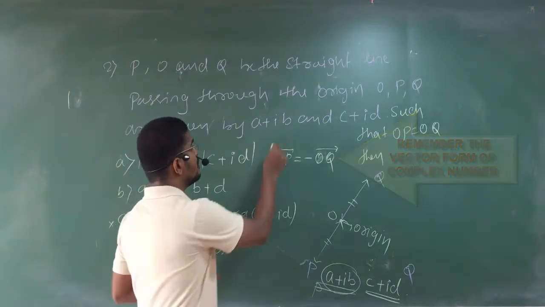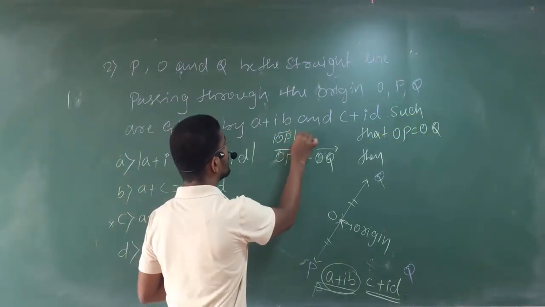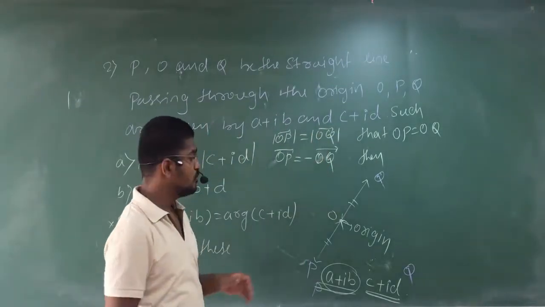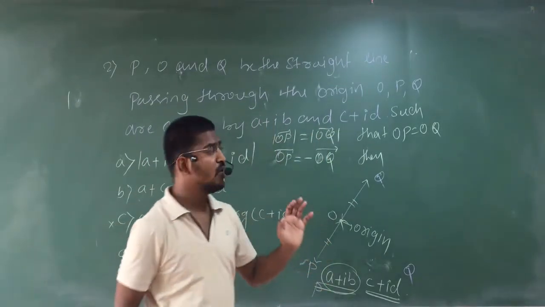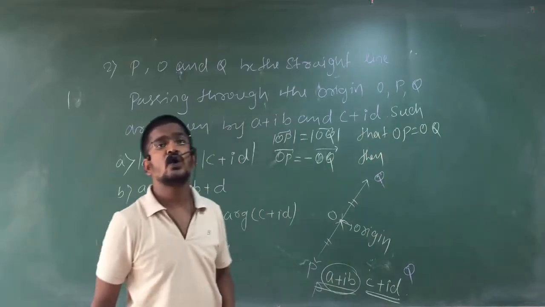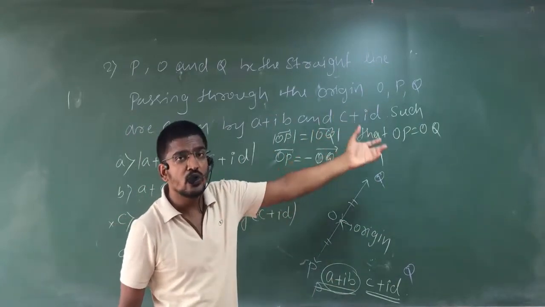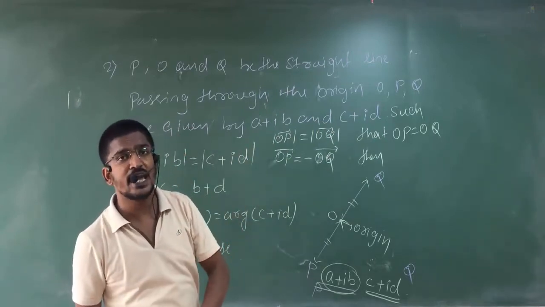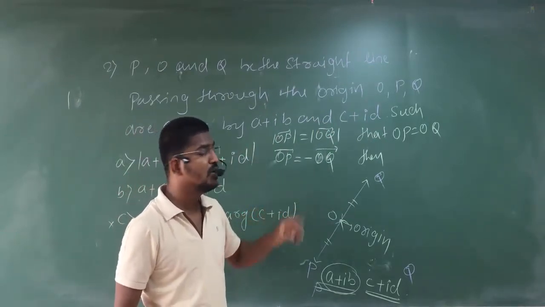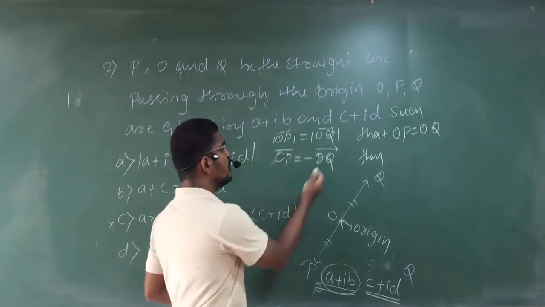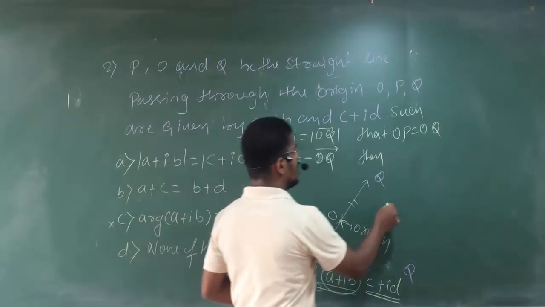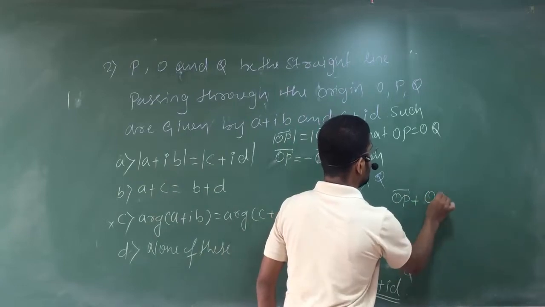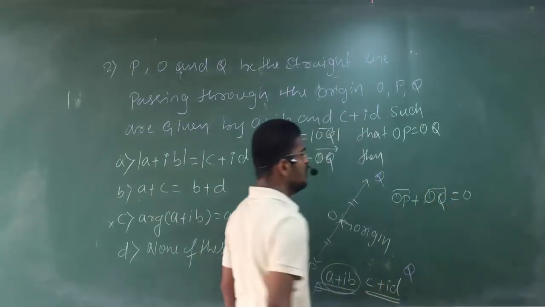Because the magnitude of vector OP will be equal to the magnitude of vector OQ, as they have given OP equal to OQ. They have the same magnitude but in opposite directions. So now OP equals minus OQ. If I bring this to the LHS, OP vector plus OQ vector will be equal to 0.